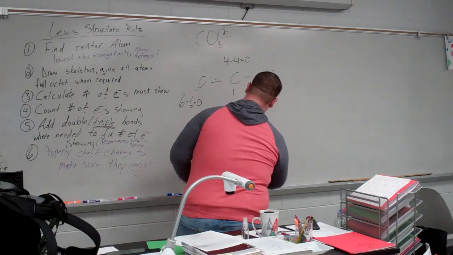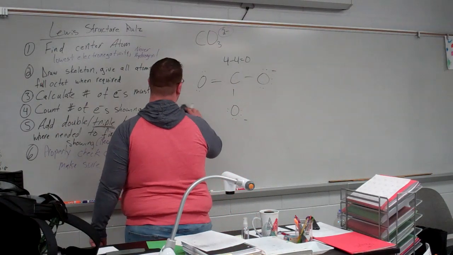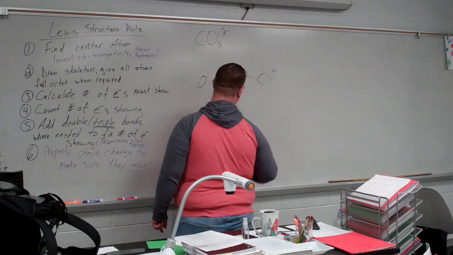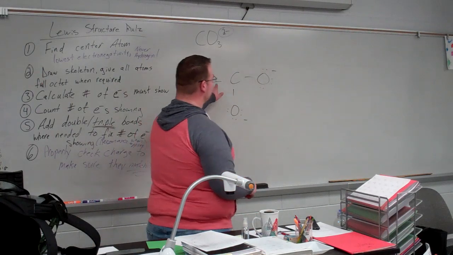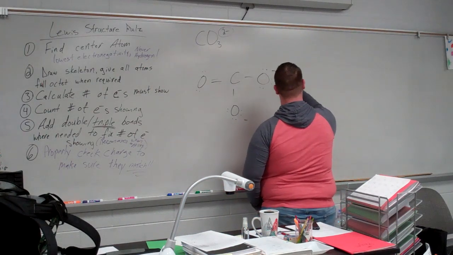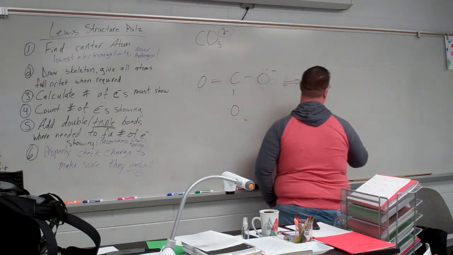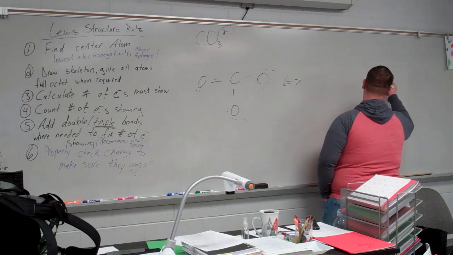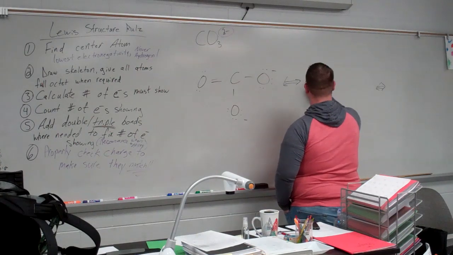So there is the first part. The only thing I didn't do was show the negative charges. And then in here we can throw different spots where we can throw that double bond. So we have resonance structures.